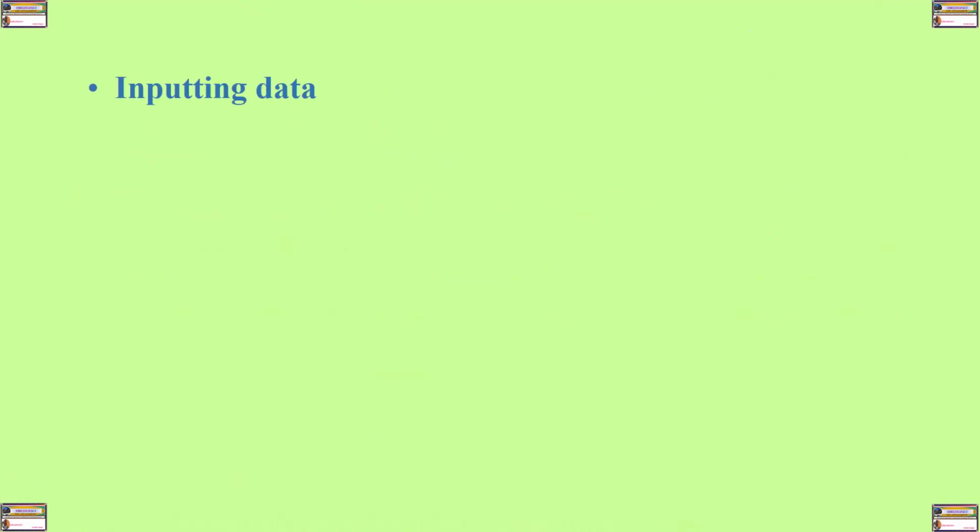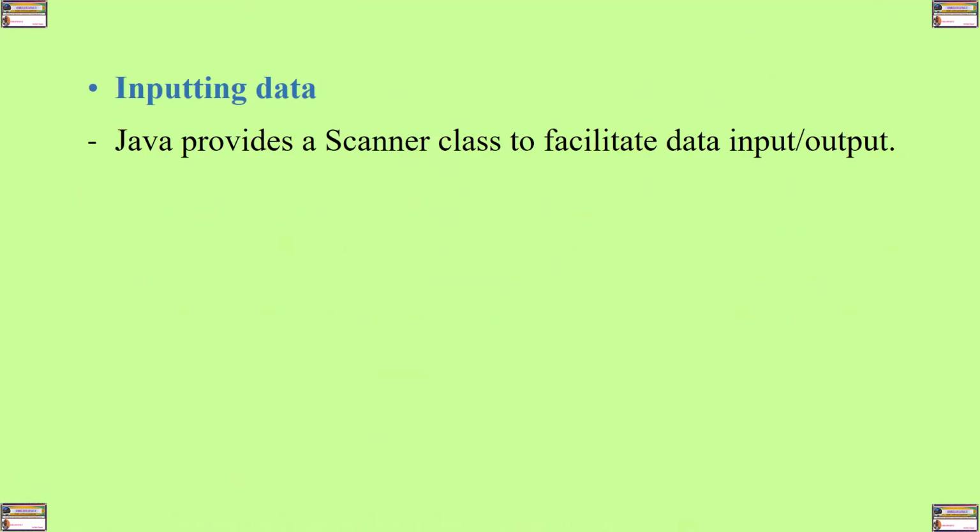So how do we input data? We have seen how to output data, but how do we input data in Java? Java provides a Scanner class to facilitate data input. So anytime that you know that your program is going to prompt the user to enter something, it is important for you to note that you must have the statement for Scanner in your program.